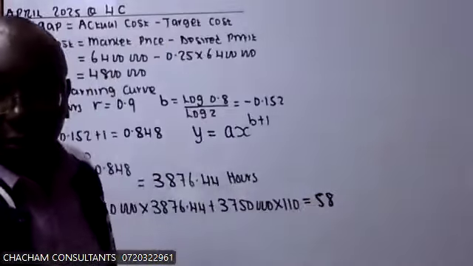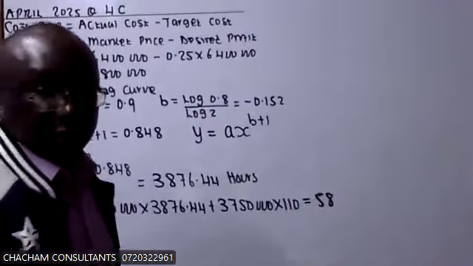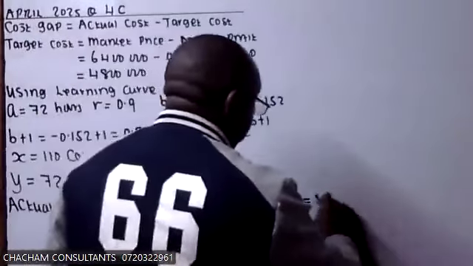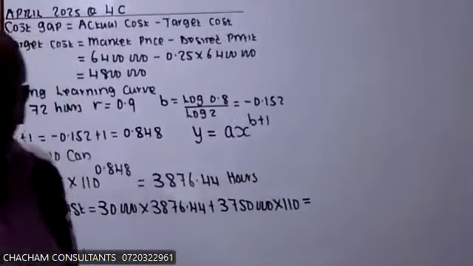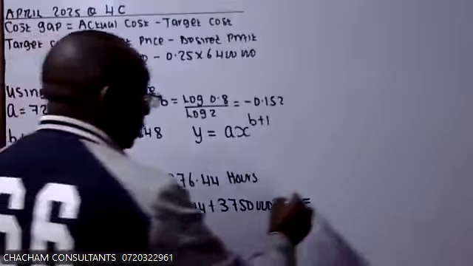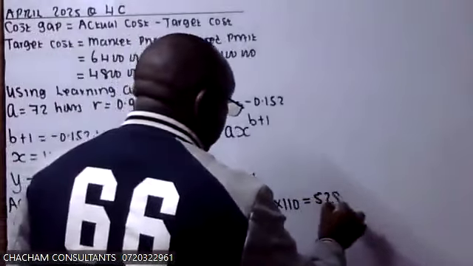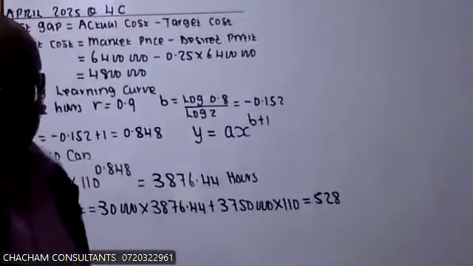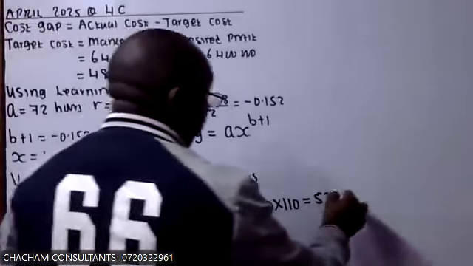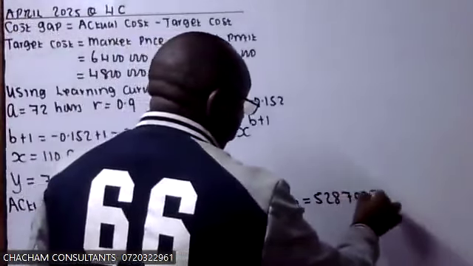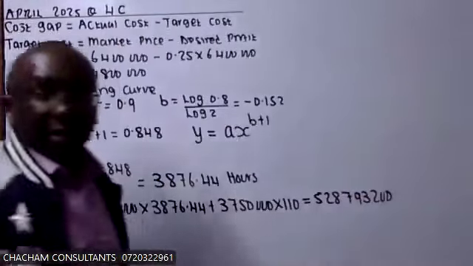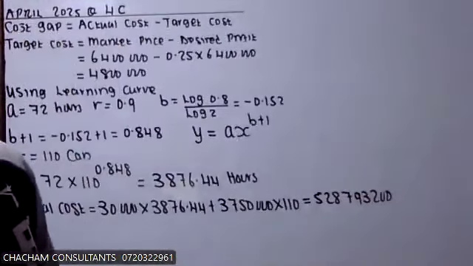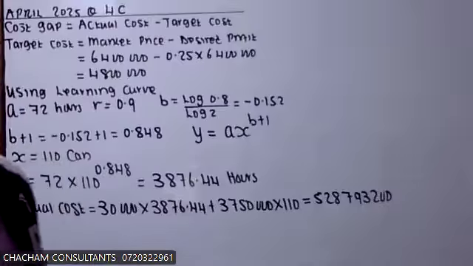So 528,793,200. Now remember that is for all the cars.